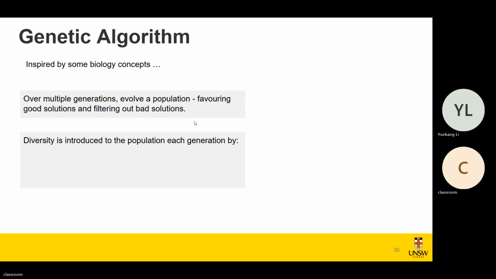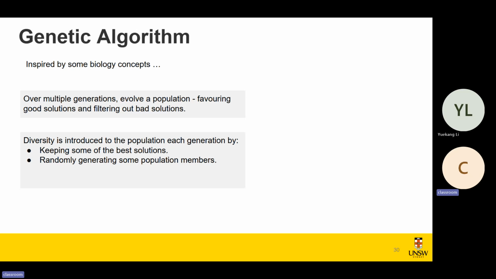And because, just similar to adaptive random testing, we have to promote diversity of this population. That is to cover the corner cases to find the bugs. Diversity is introduced into the population of each generation by keeping only some of the best solutions.